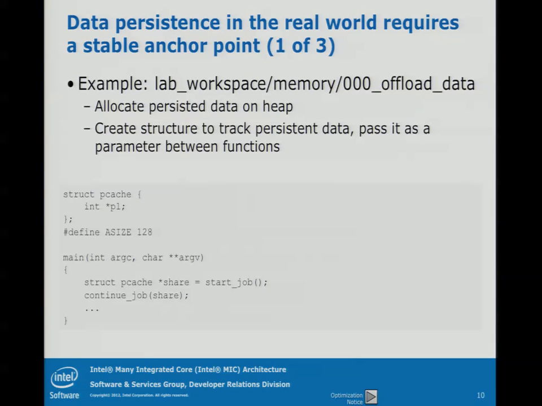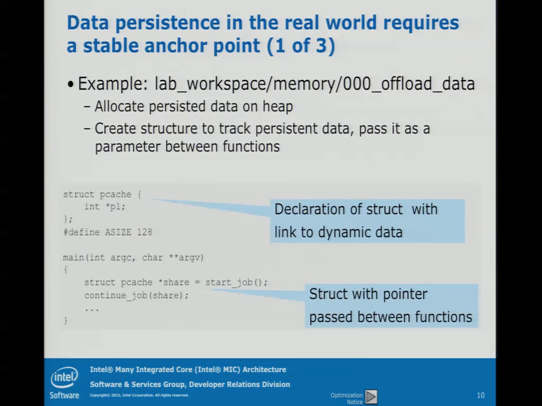So basically, what you always need is kind of an anchor point where you can hook up your data structure to. And typically, you do something like a global struct with all the pointers so that they are at least kept together in a single logical data structure. You allocate something, and then you can use this data structure to pass the same pointer between functions.